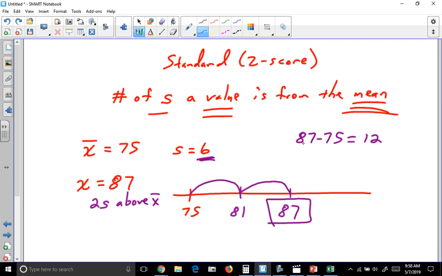How many standard deviations is that? So if I want to know how many 6's that is, we divide it by 6, and notice we get 2. So the deviation divided by the standard deviation tells us how many standard deviations we are from the mean.